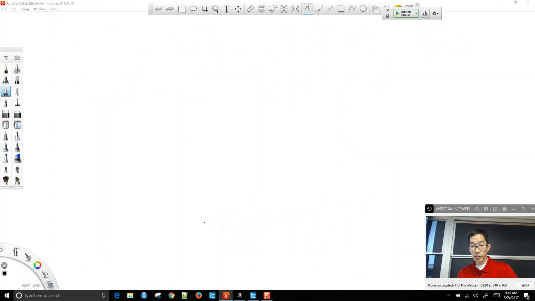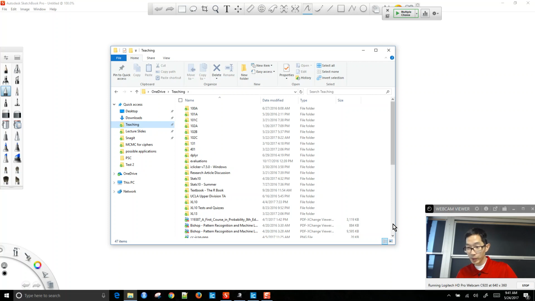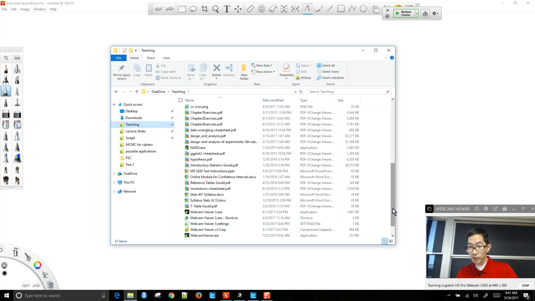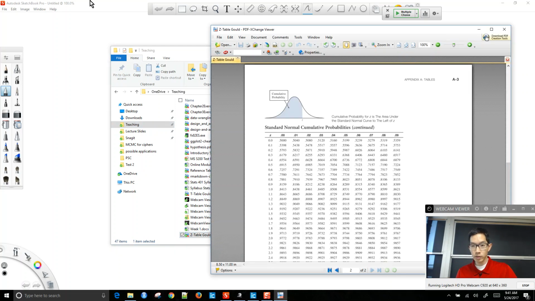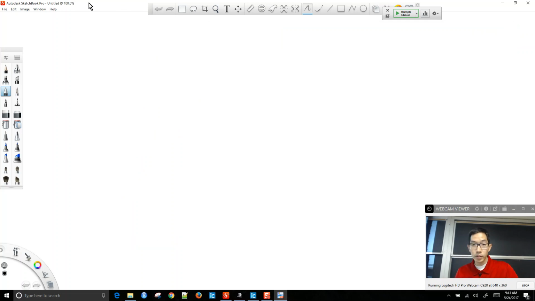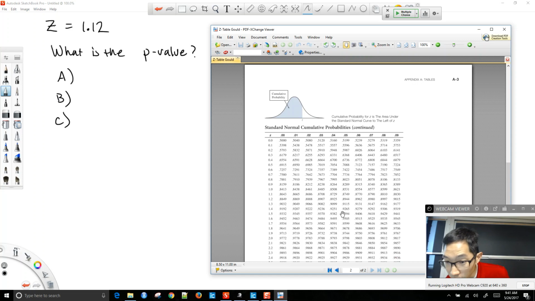the next part of the question is, what is your p-value? I need to pull up my z-table. So z is equal to 1.12, and the next question is, what is the p-value? We'll also make this a clicker question.